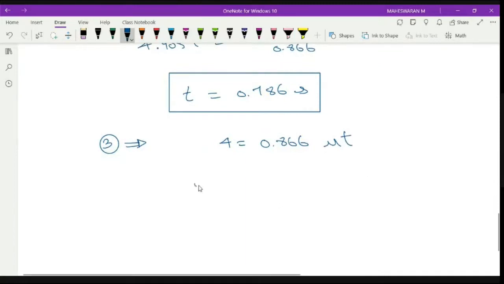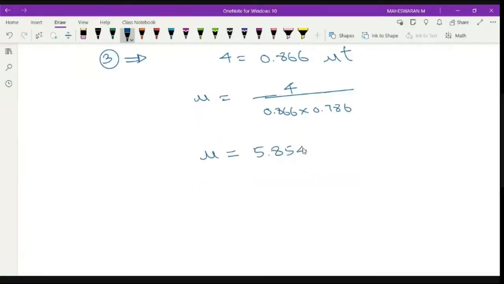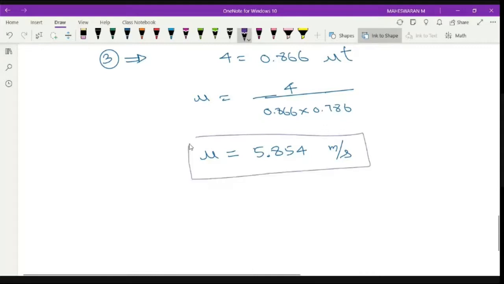In this case, u will be equal to 4 divided by 0.866 into 0.789. What is your initial velocity here? 5.854 meter per second. Good. So this is my answer. I got these two values.